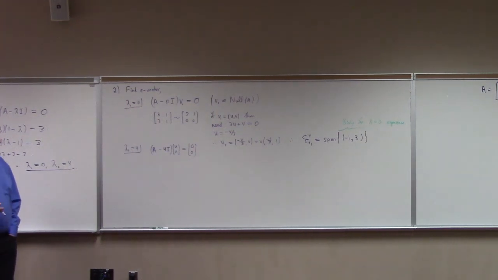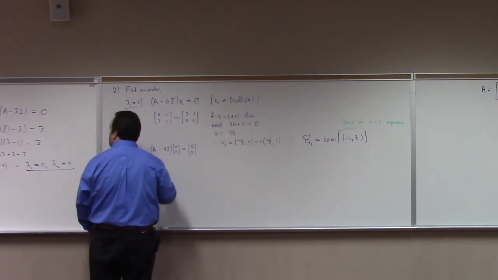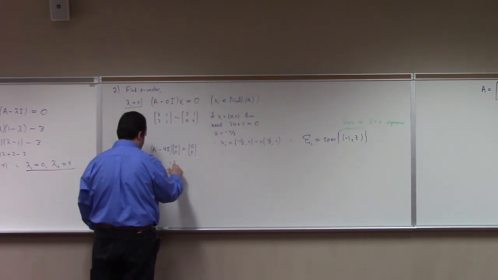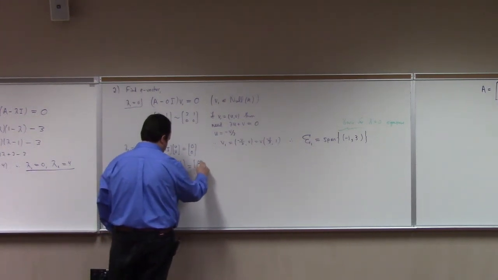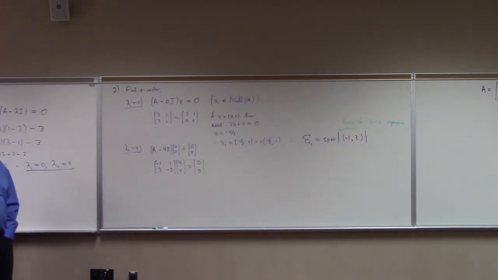So if I'm actually interested in the specific details here, A minus 4I is what? It's minus 1, 1, 3, minus 3. So I'm trying to find a basis for the solution set to this homogeneous equation.